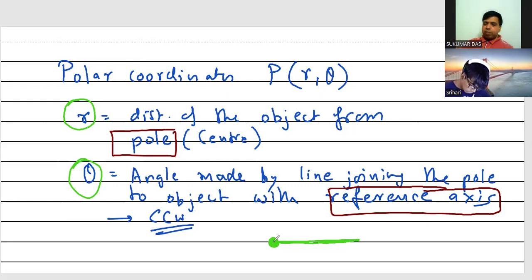Just one dot which represents the center or pole of the coordinate system, and one reference line. Normally the reference line extends from the pole towards the right hand side. Don't take this one as the reference axis. The reference axis you have to take from the pole towards the right side.